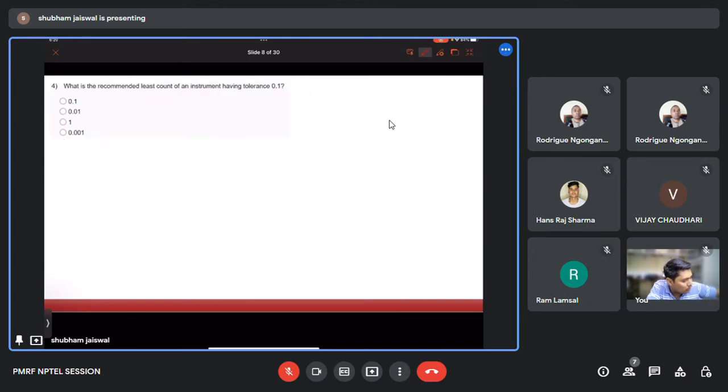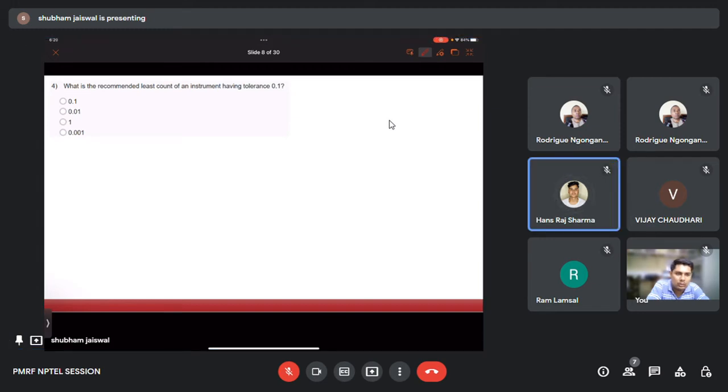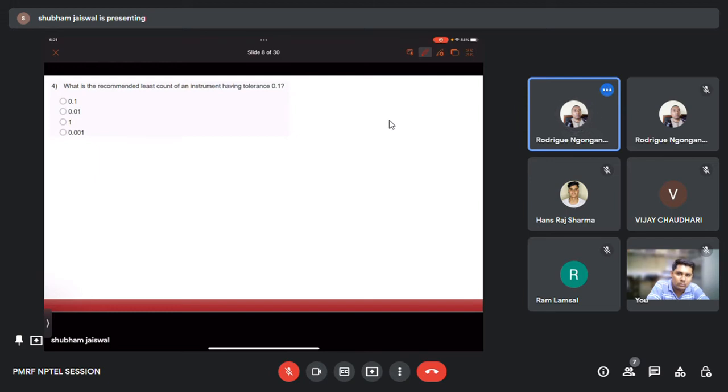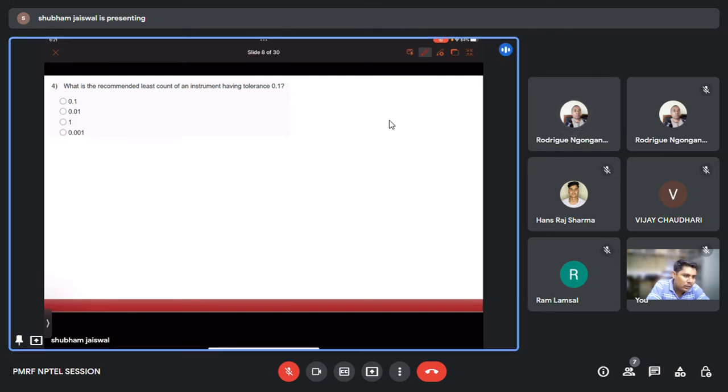Moving to our next question: what is the recommended least count of an instrument having tolerance 0.1? Anyone? Mr. Hansraj, Mr. Vijay, Mr. Ram. Sir, 0.01. Any other answer? 0.001.